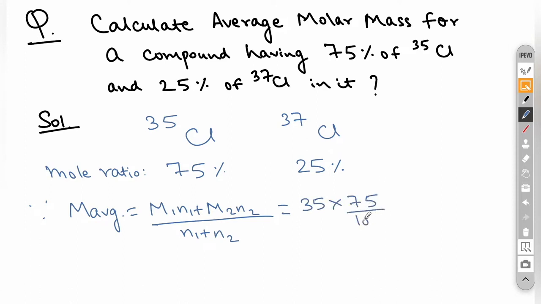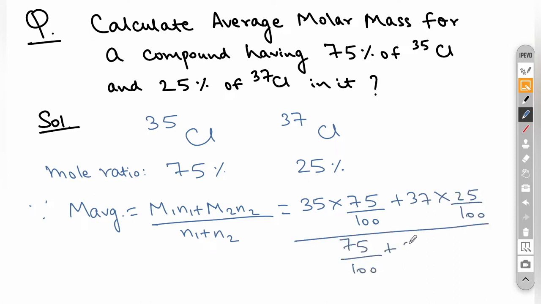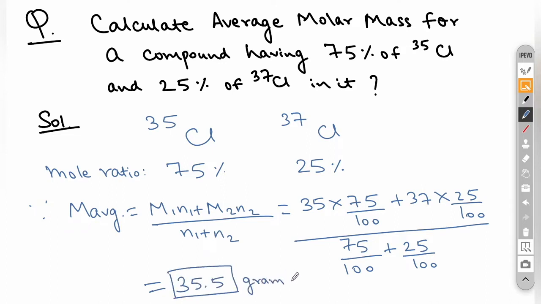So 35 into 75 by 100 plus 37 into 25 by 100 divided by 75 by 100 plus 25 by 100. On solving, we will get 35.5 as the answer. 35.5 grams, M average.